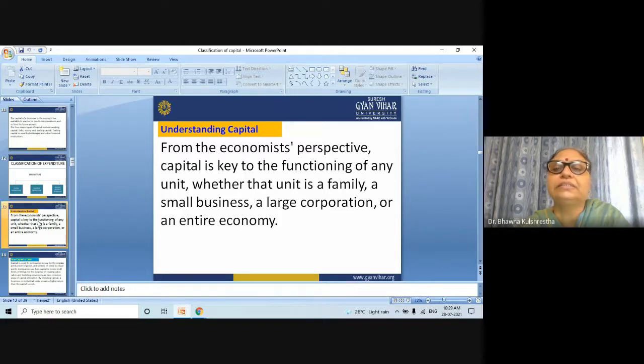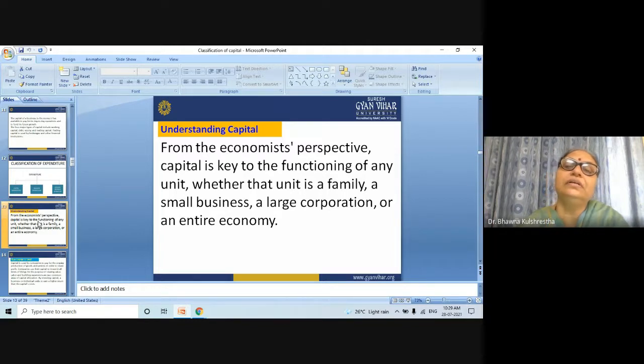Capital assets can be found on either the current or long term portion of the balance sheet. These assets may include cash, cash equivalents, and marketable securities, as well as manufacturing equipment, production facilities, and storage facilities.